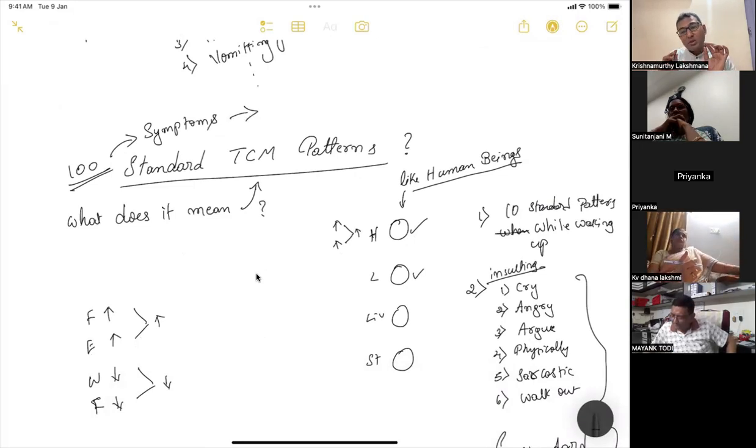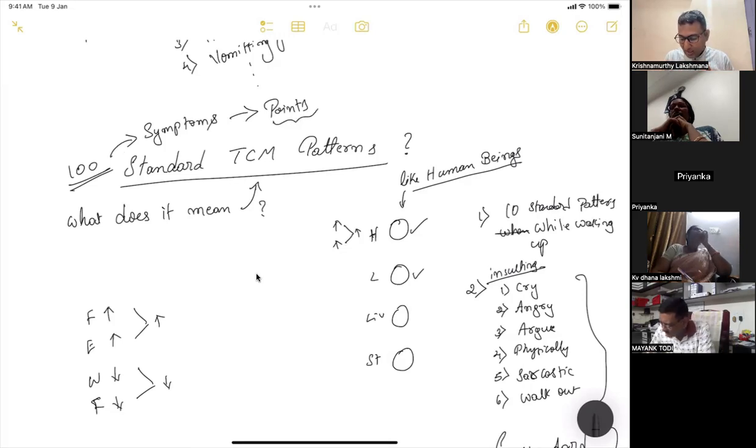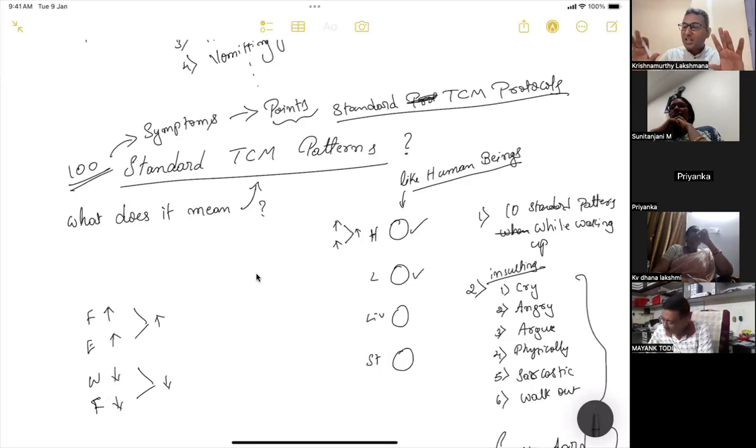And they have also found out the points for these 100 standard patterns. And these 100 sets of points is what we call standard TCM protocols. That is heart qi deficiency, liver qi stagnation, etc., whatever we have.